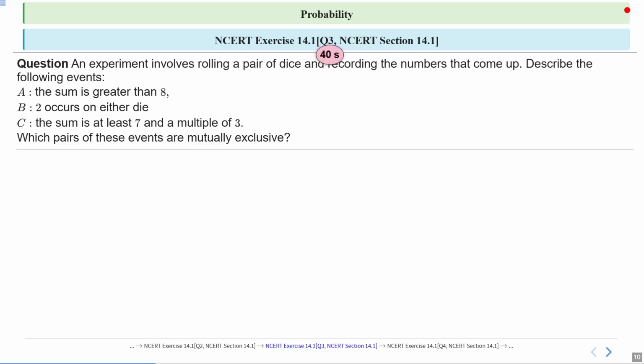You have 40 seconds to try to solve this question, and then we will provide the solution. Okay, students, your time is over. So now we will solve this question.